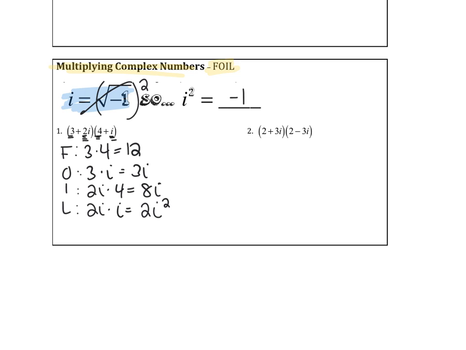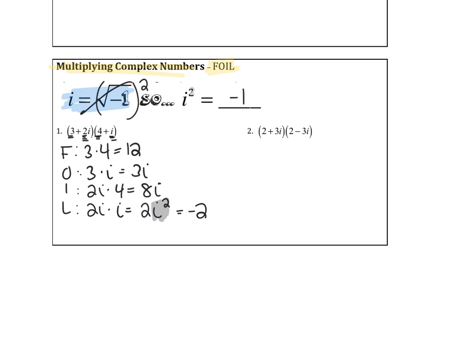Okay? But again, remember I squared is -1. So my I squared here is going to turn into a -1. So 2 times -1 is -2. So my last term should actually be -2. Now let's string them all together.